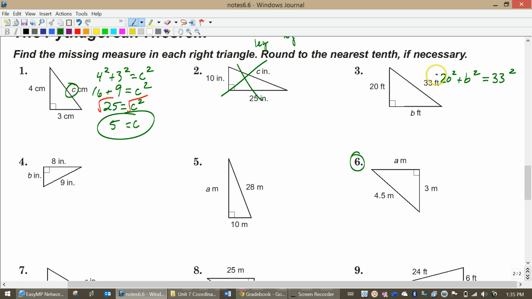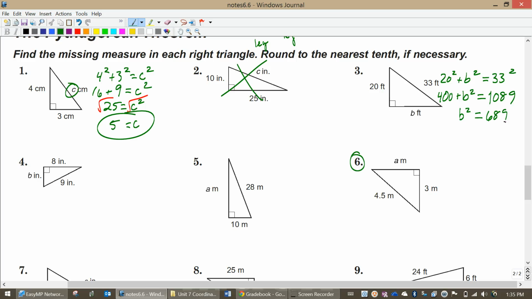20 squared is 400. I say it like that because I'm cool. 33 squared is 1,089. To solve this little equation, you need to subtract 400 from both sides. 1089 minus 400 is 689.